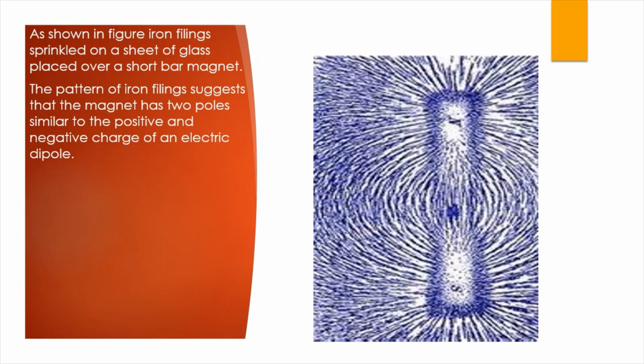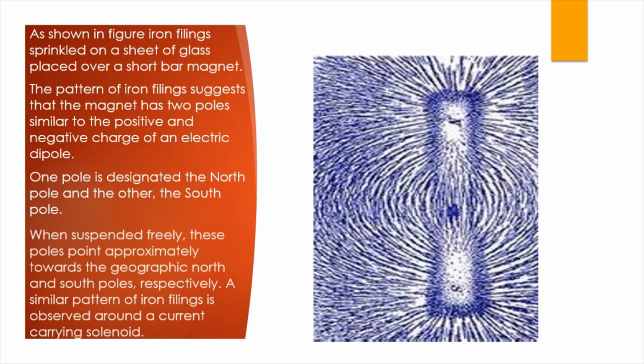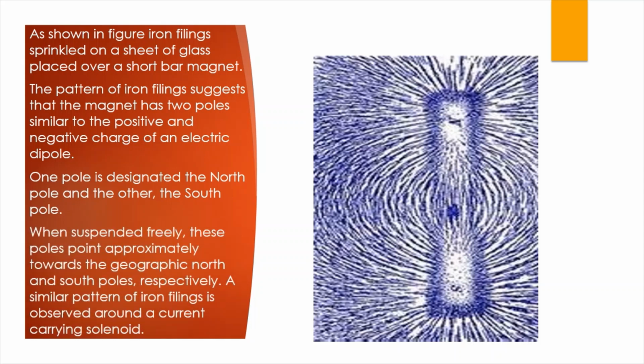So we can say that a bar magnet will act like a magnetic dipole. One pole is designated as the north pole and the other as the south pole. Now, when suspended freely, these poles approximately point towards the geographical north and south pole respectively.